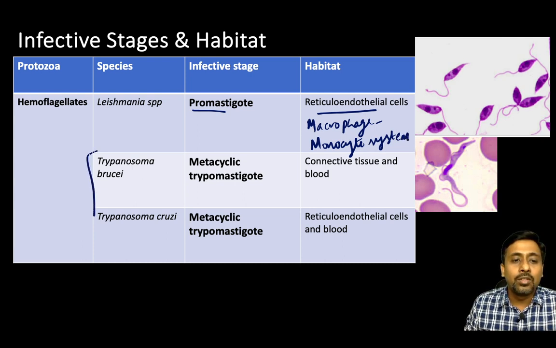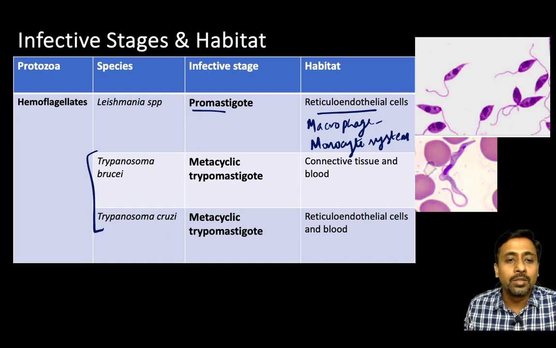And for Trypanosoma brucei and Trypanosoma cruzi, if you remember the difference, Trypanosoma cruzi contains an additional morphological form, the amastigote form, which is also known as the Leishmanial form. However, the form present in the insect vector is obviously the infective stage. Which stage is present in the insect vector? I told you two stages: epimastigote and metacyclic trypomastigote.